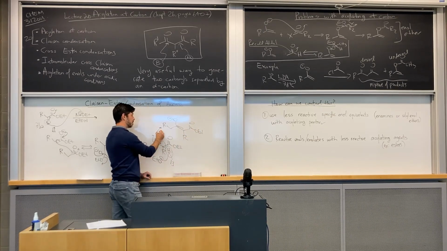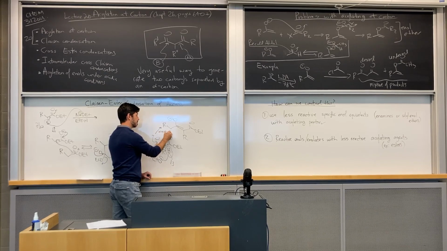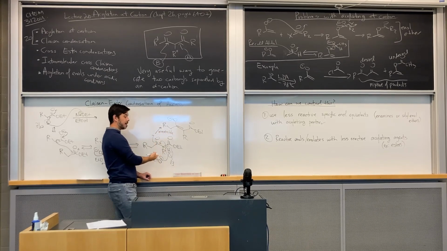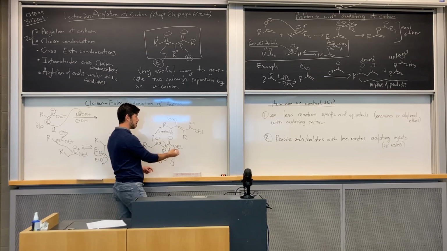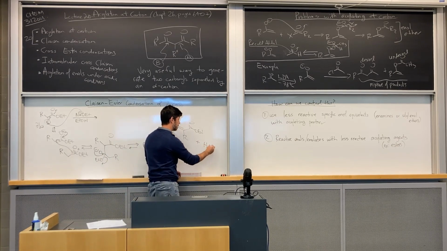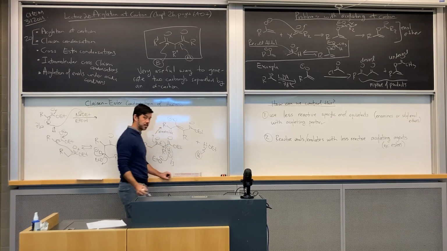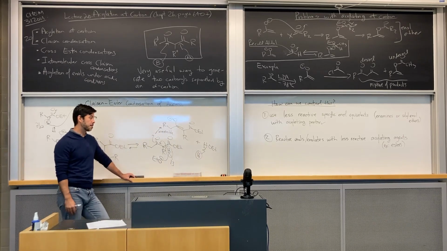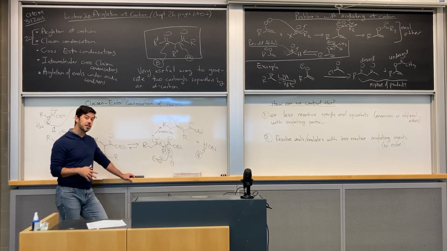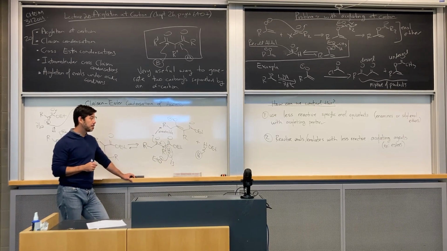This is an irreversible step because the pKa of this ethoxide that you generate is around 15 to 16. Recall our discussion that we had on the first lecture about the importance of pKa and how the equilibrium always lies on the side with the weaker acid and weaker base.